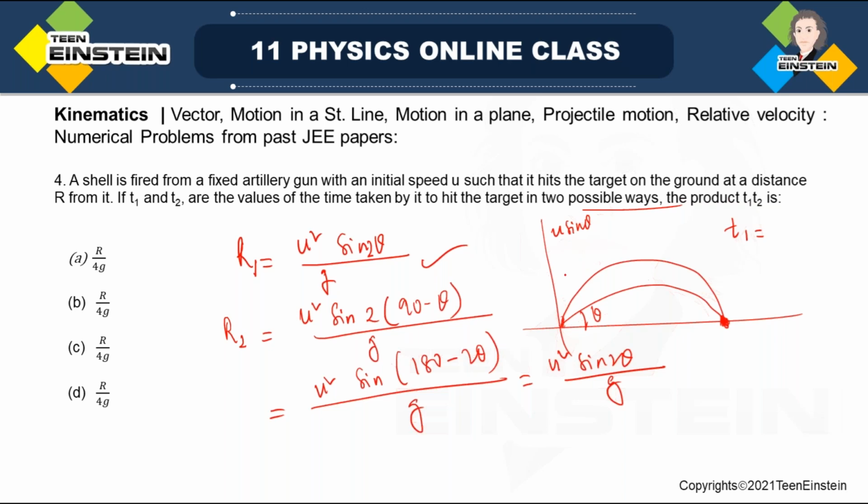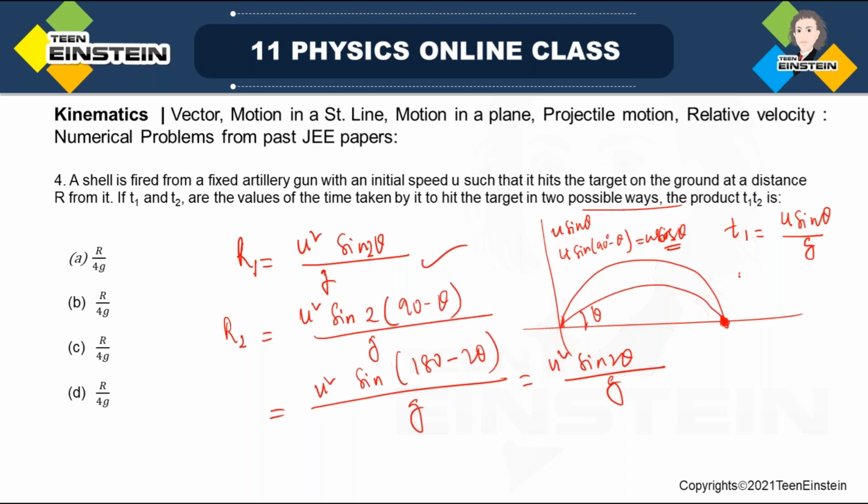In case of 90 minus theta, you have u sine of 90 minus theta, which will give you u cos of theta. So t1 I'm taking will be u sine theta by g.